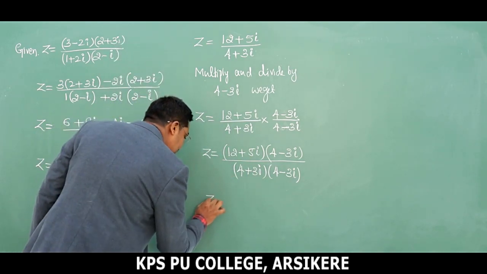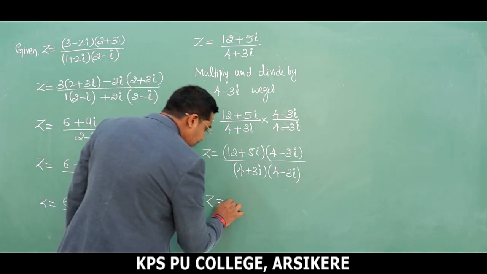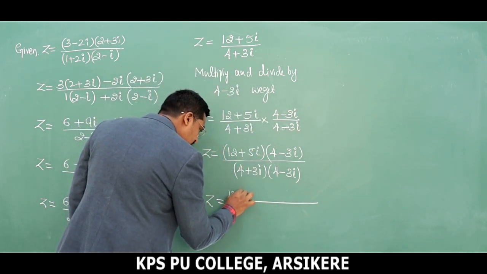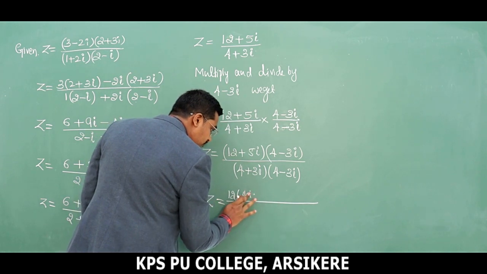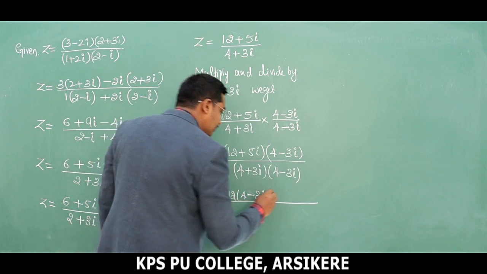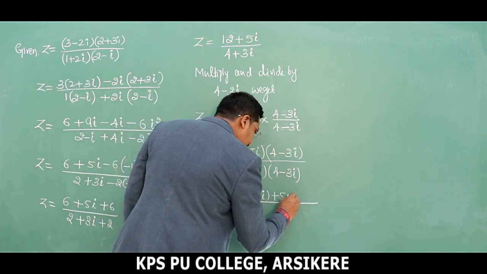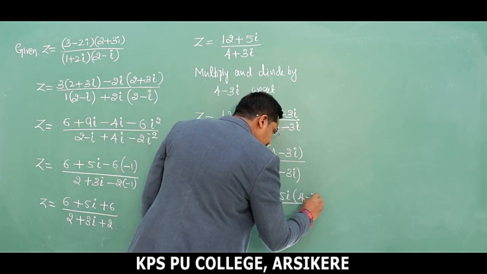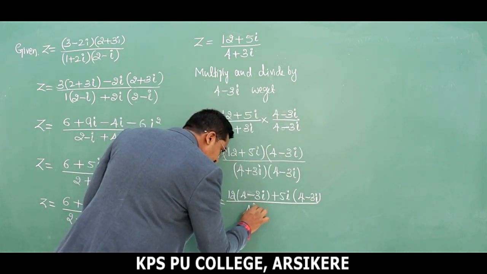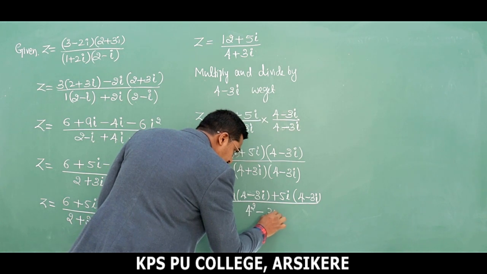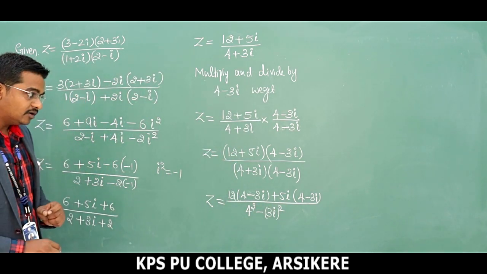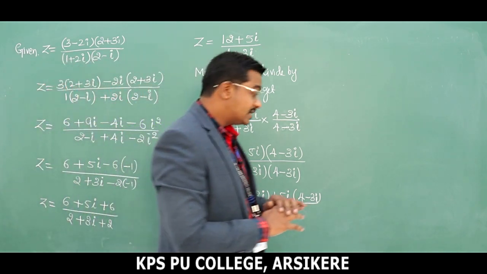This can be written as z is equal to, first the numerator simplification: 12 times (4 minus 3i) plus 5i times (4 minus 3i), whole divided by, this reduces to 4 square minus (3i) whole square. Next step is multiplication and simplification.